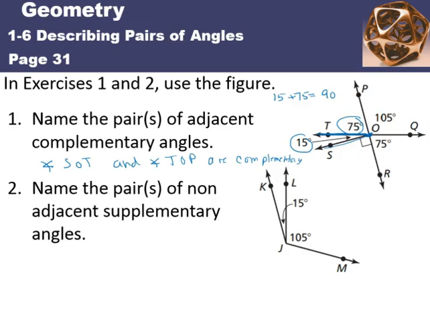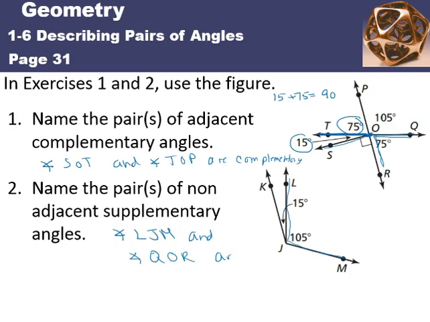So we're looking for a pair of non-adjacent angles. So we have this angle that's 105 right here, so that's angle LJM. And then we have either one of the two 75s over here. So that's QOR.